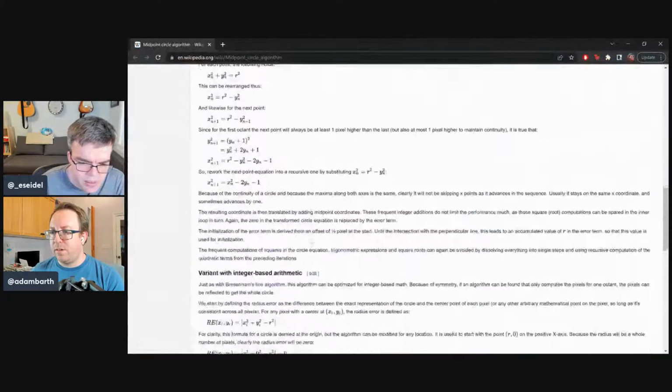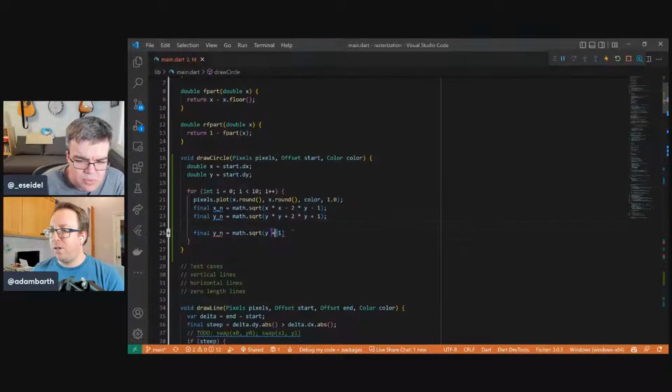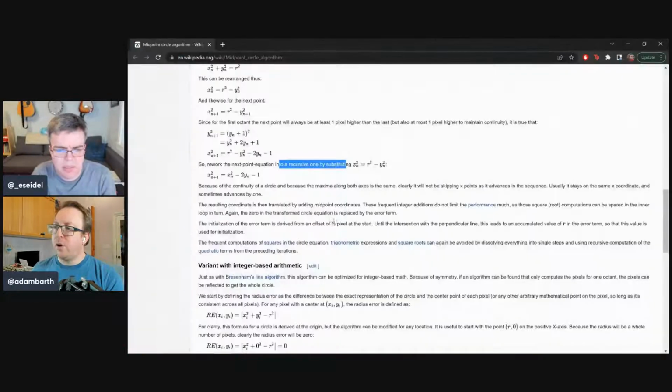I agree. Oh, we can try this. Next point equation. Well, what is this relationship going to be? This is x is equal to x squared. What? We can try it. Let's try it.